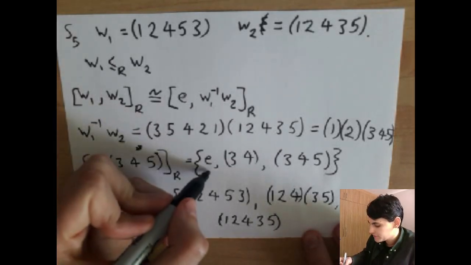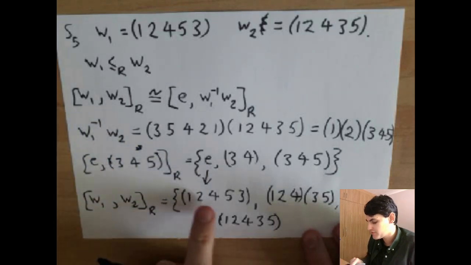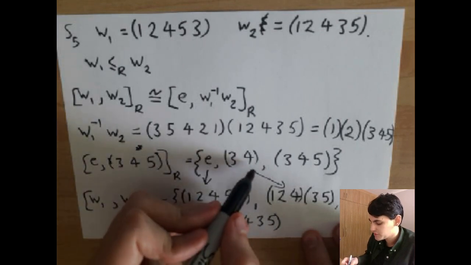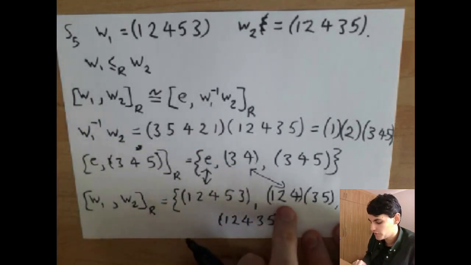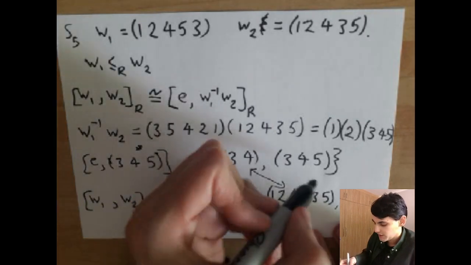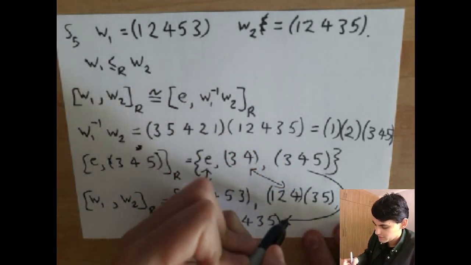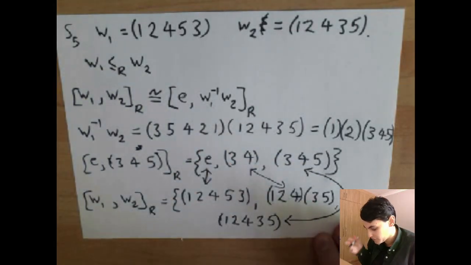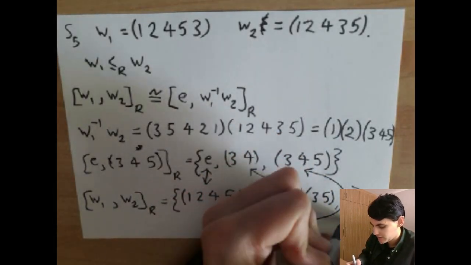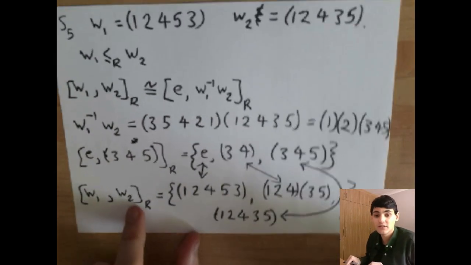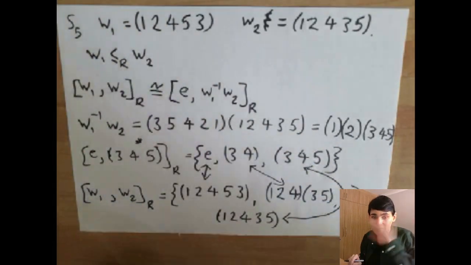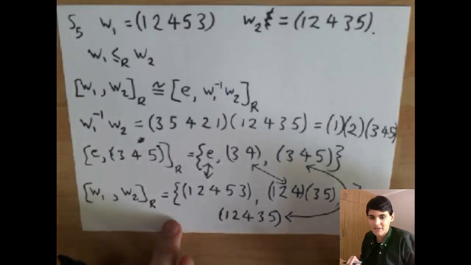So E goes to W1, 3, 4 goes to 1, 2, 4, 3, 5, and then 3, 4, 5 goes to 1, 2, 4, 3, 5. And let's close that set off. You can't see it because of the camera, but it is closed.